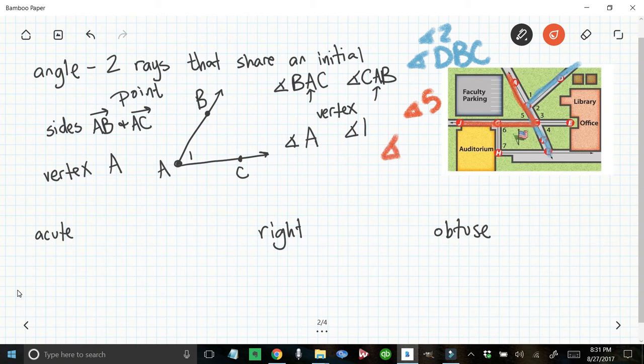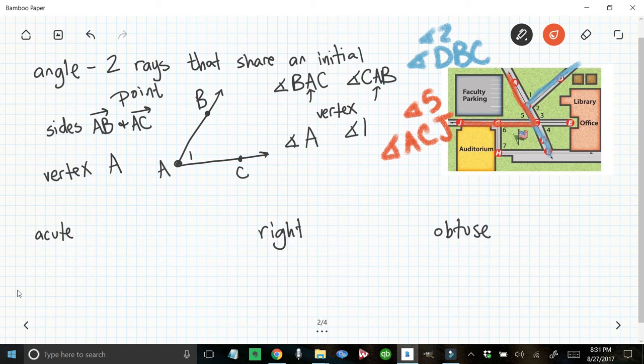But if I didn't have that number there, I could have called this angle ACJ, or GCB, or you can see that there are a lot of different options. So for your work, you'll want to make sure you're being careful about how you're naming these, but you have a lot of different choices.